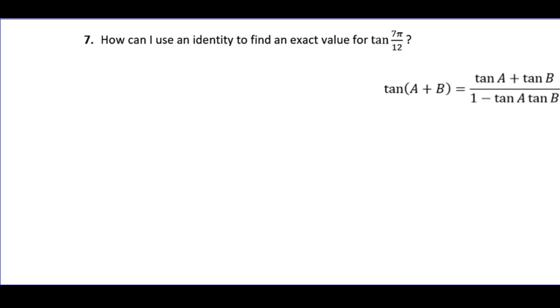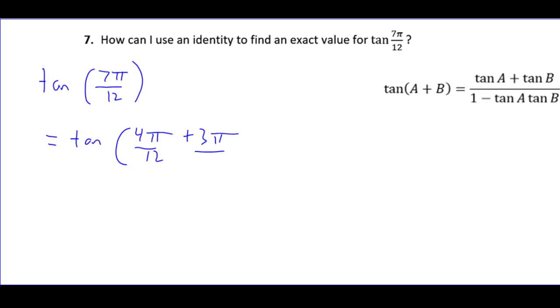We're going to start with the idea that finding the tan of 7 pi over 12 is really the same as finding the tan of 4 pi over 12 plus 3 pi over 12, or the tan of pi over 3 plus pi over 4.